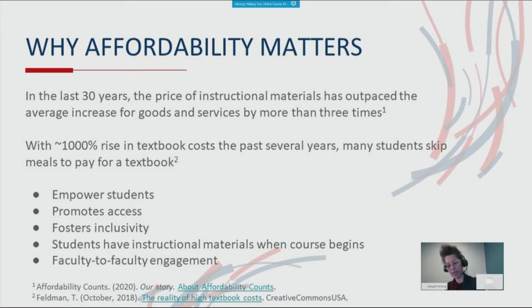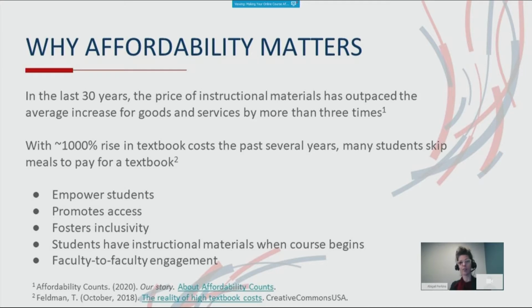What does this mean in another sense? With about a 1,000% rise in textbook costs over the short run of the past several years, short run in an economic context, so about 5 years. In the short run, over 40% of students skip meals to afford textbooks.